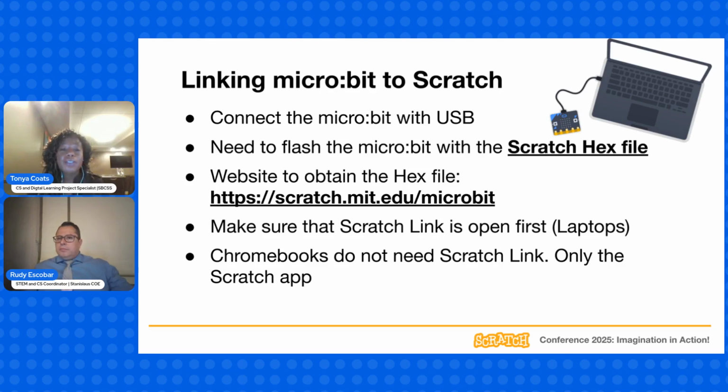The hex file can be found in two places: we've linked it in our slide deck, and you can also find it on the Scratch website, scratch.mit.edu/microbit. Make sure that Scratch Link is open, which is also found on that site. Chromebooks do not need Scratch Link, only the Scratch app.